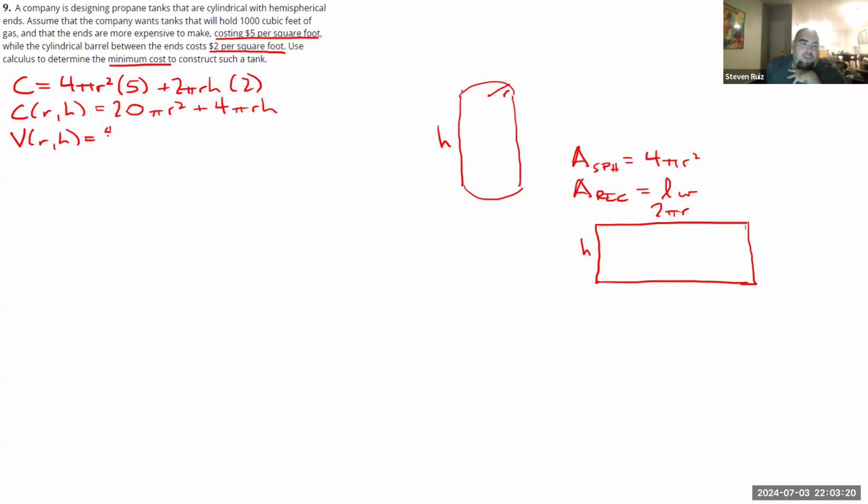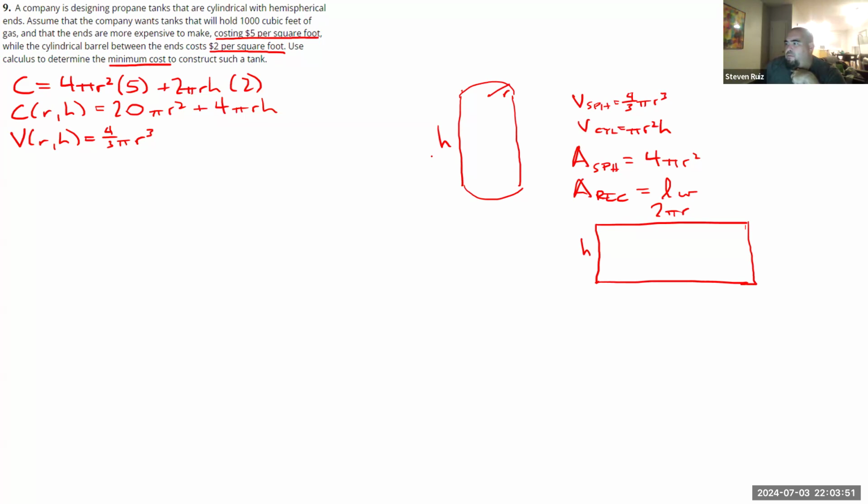That is 4/3 pi r cubed. What's the volume of the cylindrical piece? The volume of a cylinder is the area of the base, pi r squared, the circular base, times the height.